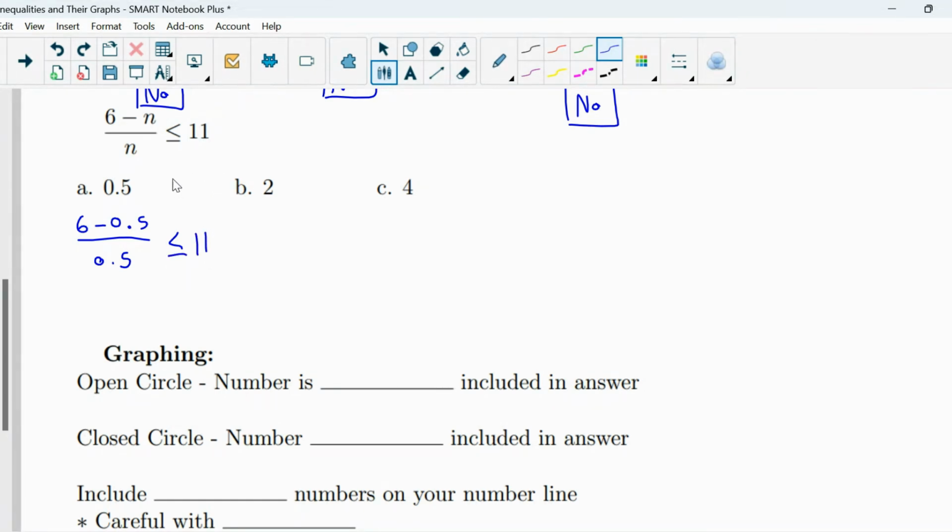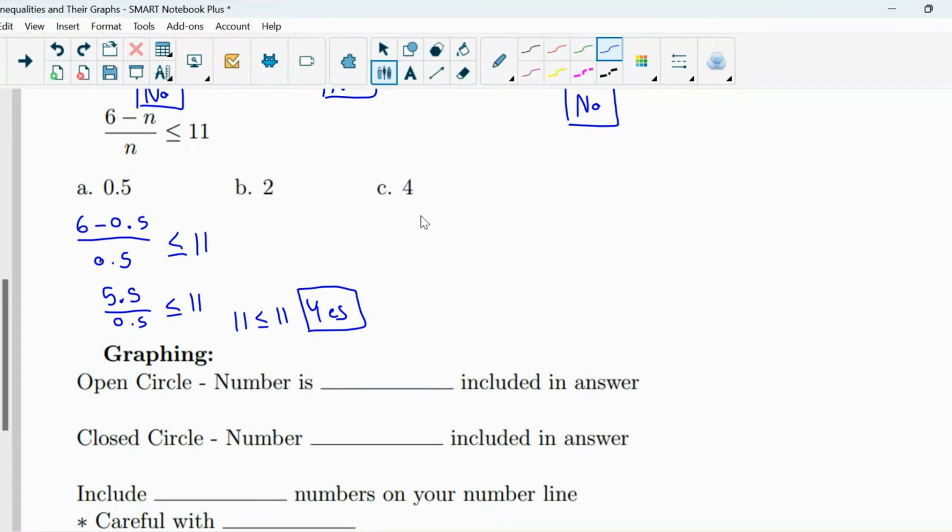Let's simplify our fraction. 6 minus 0.5 gives us 5.5 over 0.5 is less than or equal to 11. 5.5 divided by 0.5 gives us 11. So that gives us 11 is less than or equal to 11. This is a true statement because these two values are equal. So yes, 0.5 is a solution to our inequality.